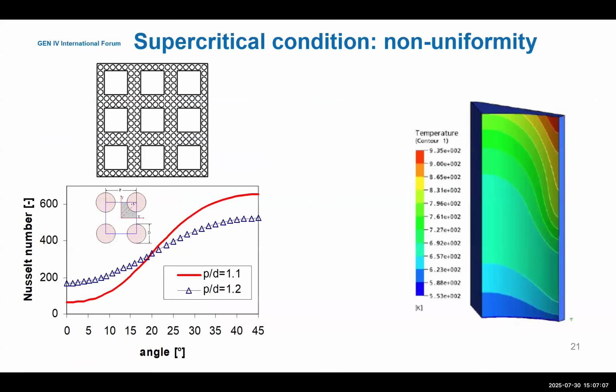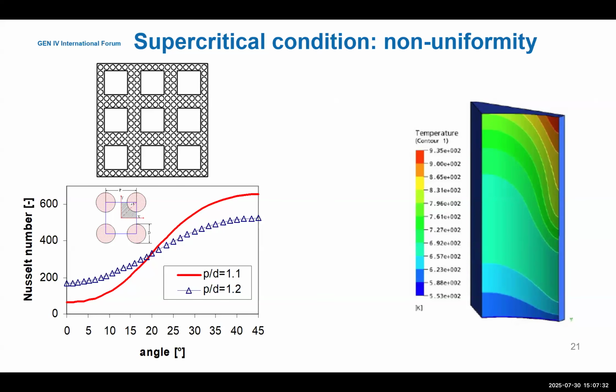Another point is, as I told you, for the SCWR design we use the tight lattice. For the tight lattice, I think the main feature is that the P/D ratio is very small. For the current PWR and BWR, the P/D ratio is around 1.3 or even much larger.